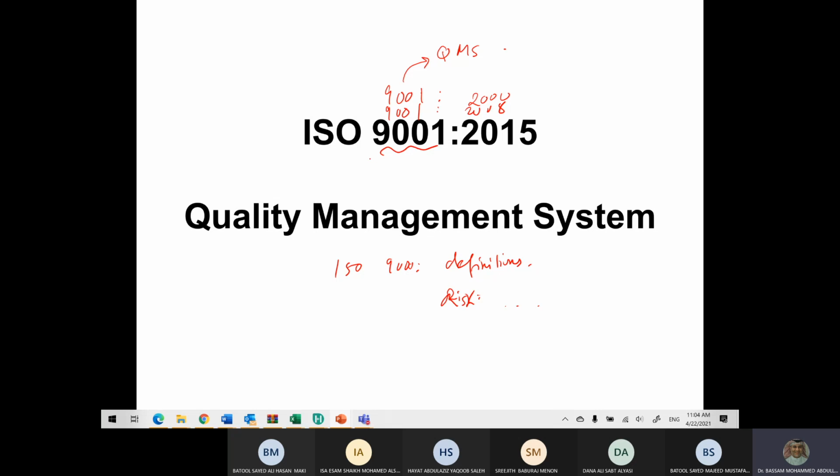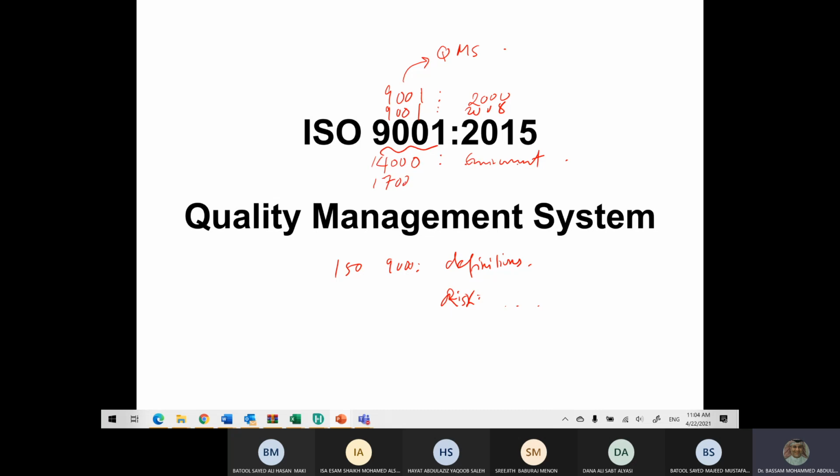What do I mean by that? There's something called 14,000, depending on which year it was. But ISO 14,000 are related to environment issues. I just finished one of the master projects.